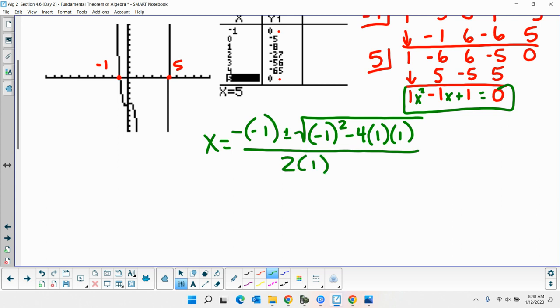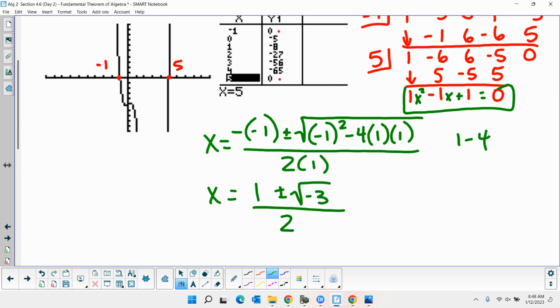Again, you guys should know that formula. So that gives me a +1, 2 down here, and I get a +1 minus 4. So that's a negative 3.